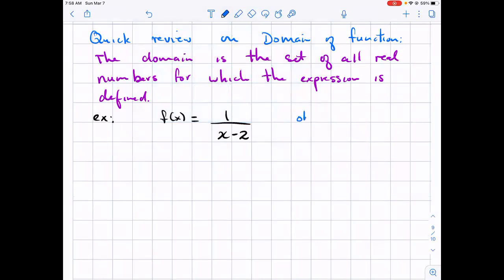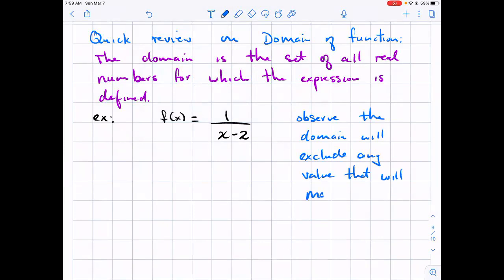So observe, the domain will exclude any value that will make the denominator 0.